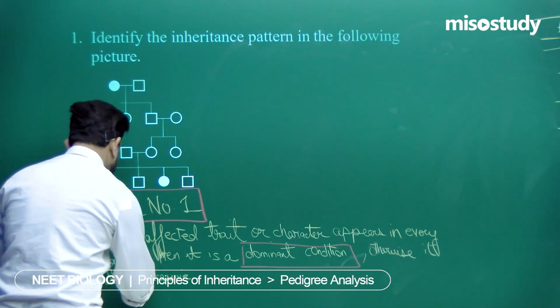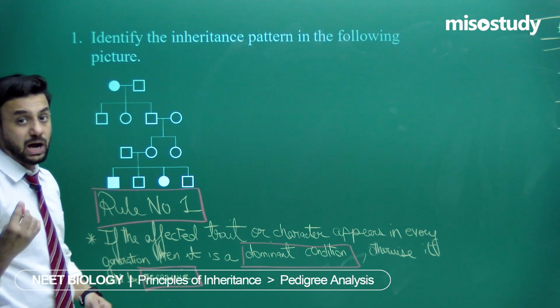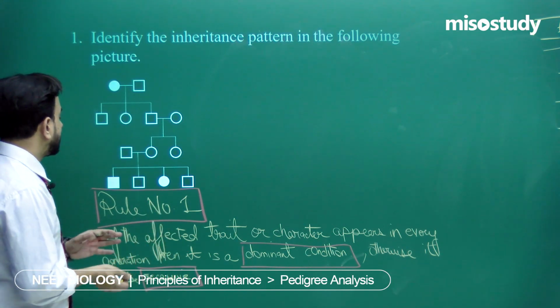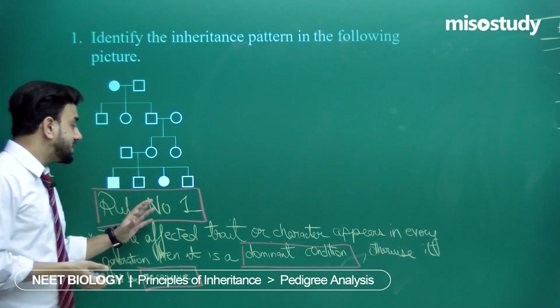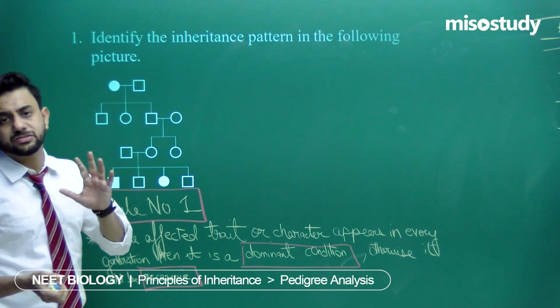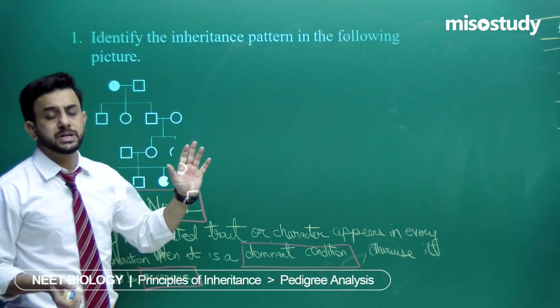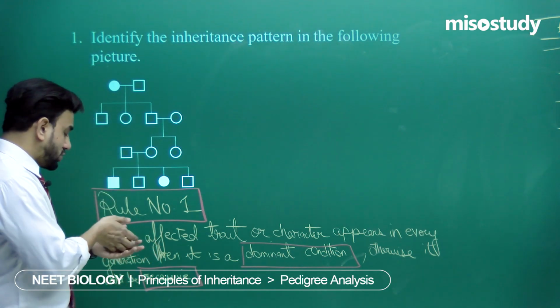Let us see, in the light of rule number 1 which we are formulating on our own, nothing such rule given as such by Mendel or anyone. These are some rules we are formulating, and based on that we will try to classify all the questions on pedigree analysis. So which is the first generation?